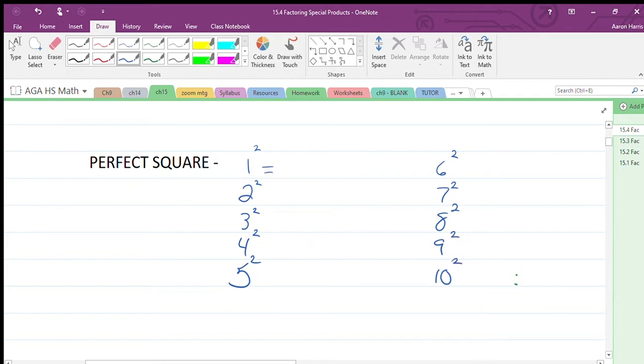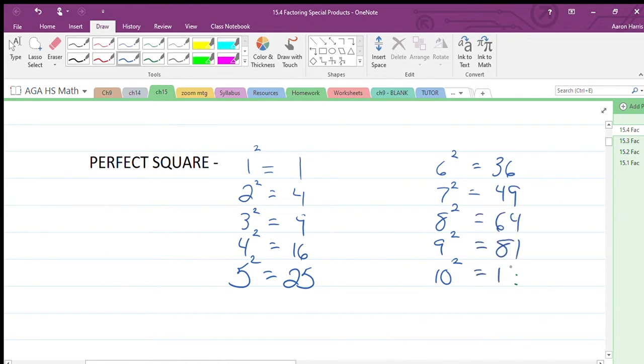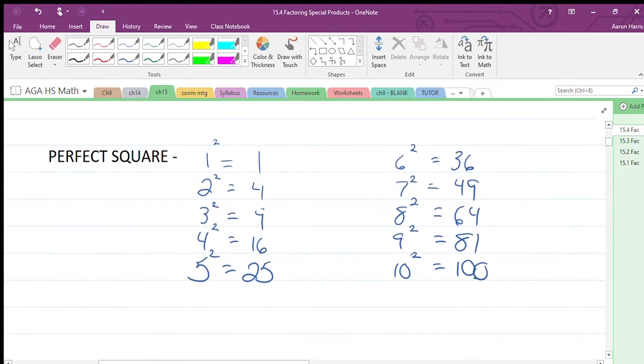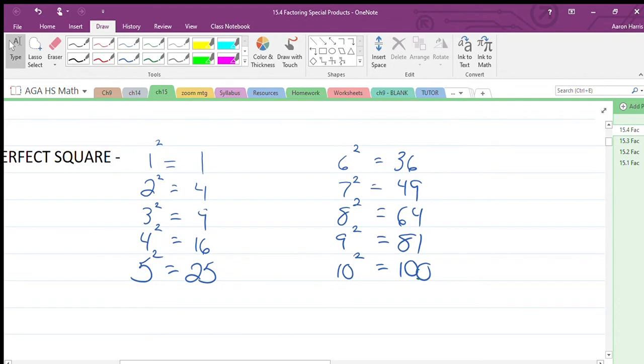A perfect what? Square. So 1, 4, 9, 16, 25, 36, 49, 64, 81, and 100. Those are all numbers that you should know.